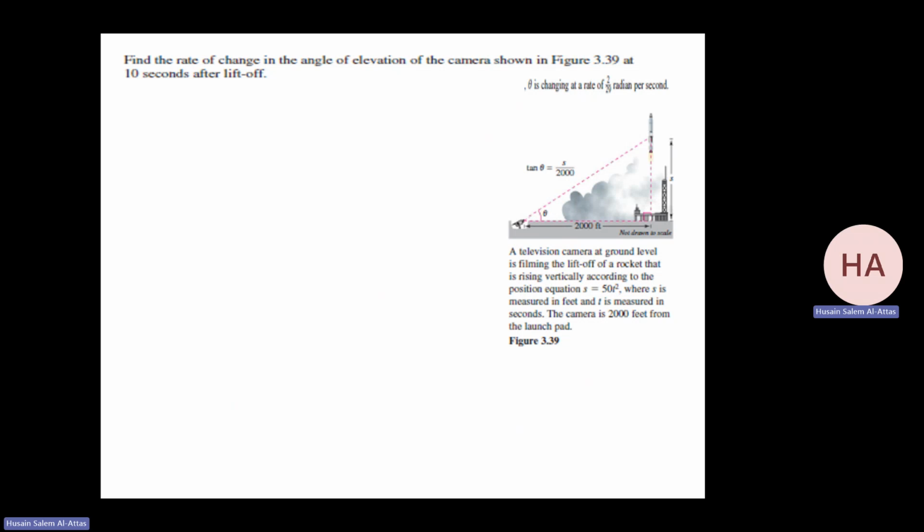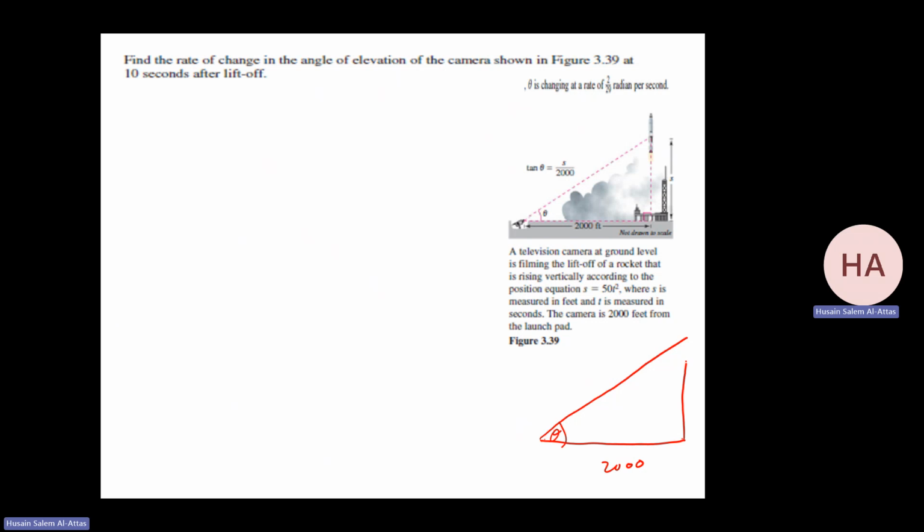Find the rate of change in the angle of elevation. Now we want to relate the angle with something else. If you look at this picture, let me draw it again. I have this distance fixed, 2,000, and there is a camera here where I can have the angle.